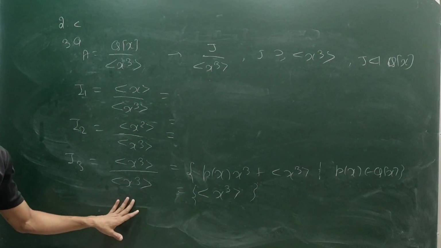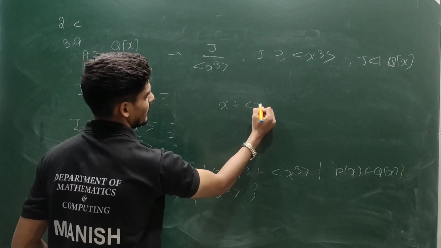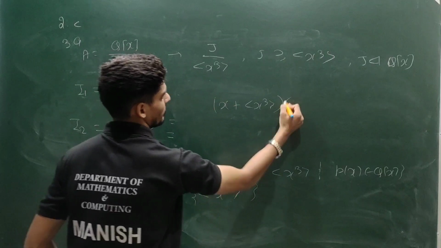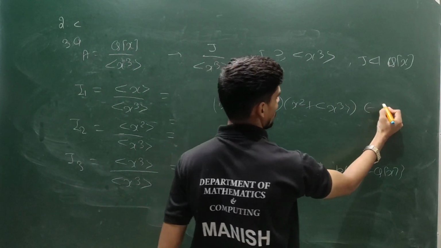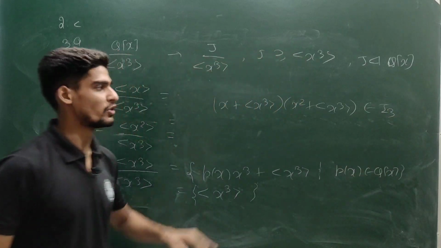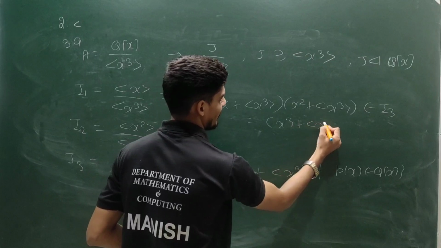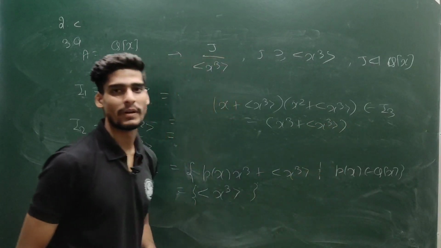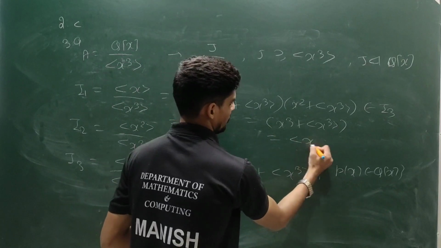Can it be a prime ideal? See, x plus ideal generated by x cube, times x square plus ideal generated by x cube, is a member of I3. Because if you compute this, you are going to get x cube plus ideal generated by x cube by the quotient operation. But this x cube will be merging in this. So this is actually the ideal generated by x cube.